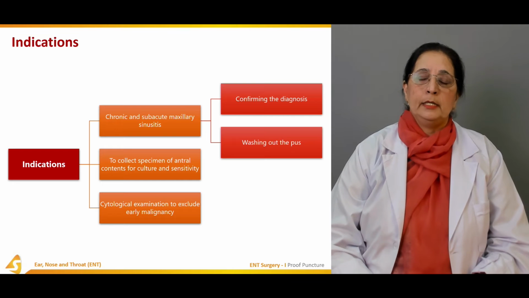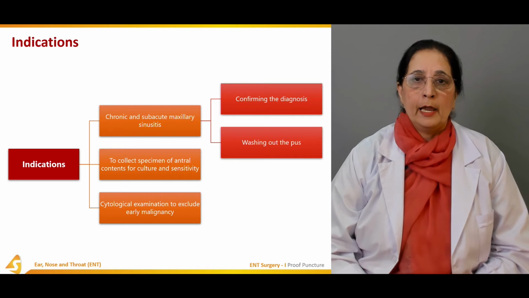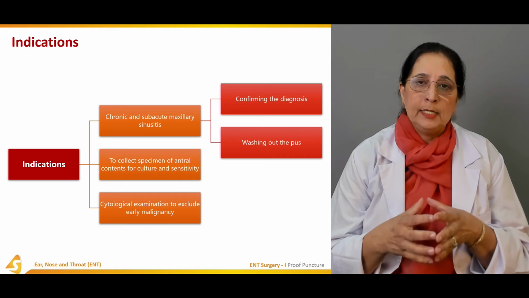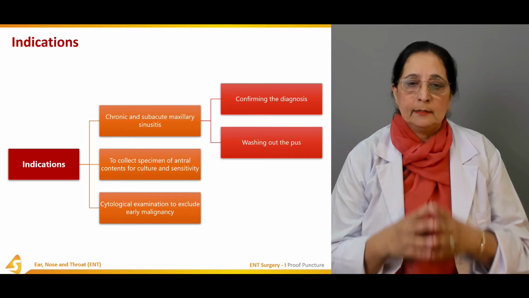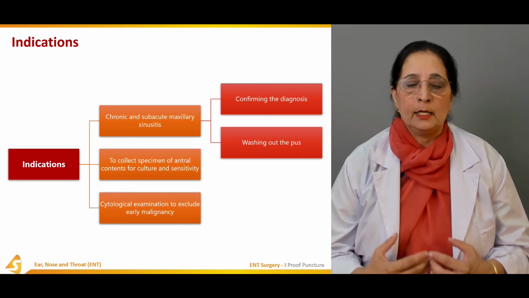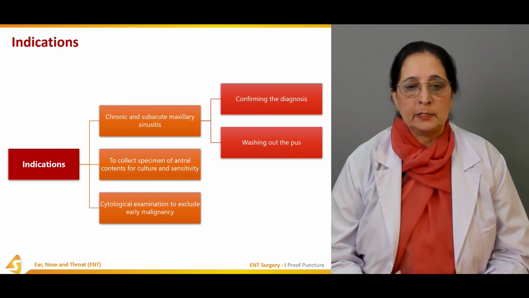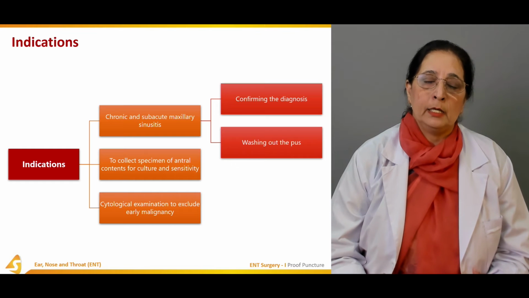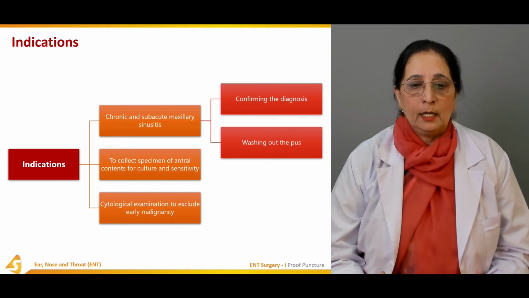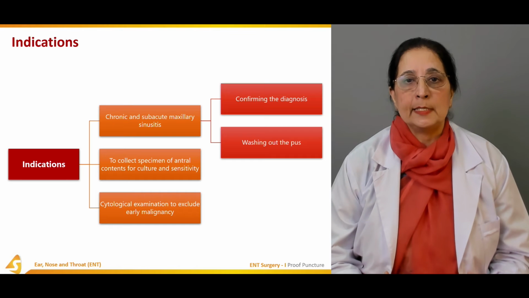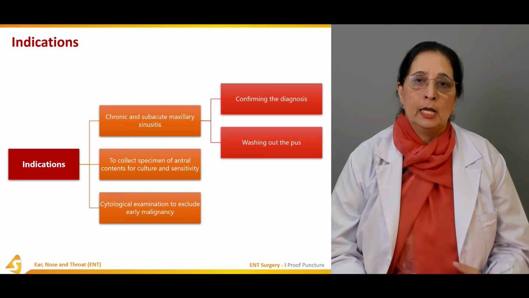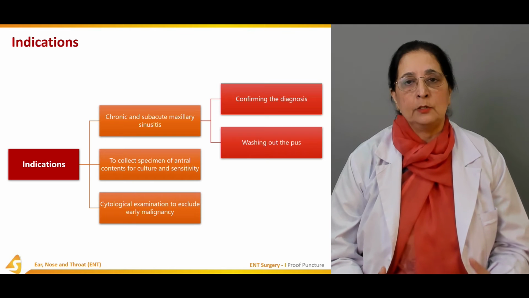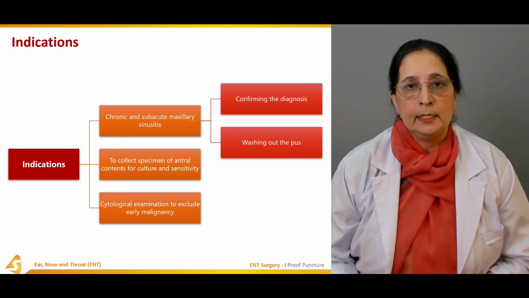So all these are the indications of antral lavage or proof puncture, in which we can remove the specimen from the maxillary sinus to look for any complication that is present, to exclude any malignancy that can be present by taking the cells for examination, also to collect the specimen for culture and sensitivity, and as a therapeutic indication to wash out the pus that is present in the maxillary sinus.